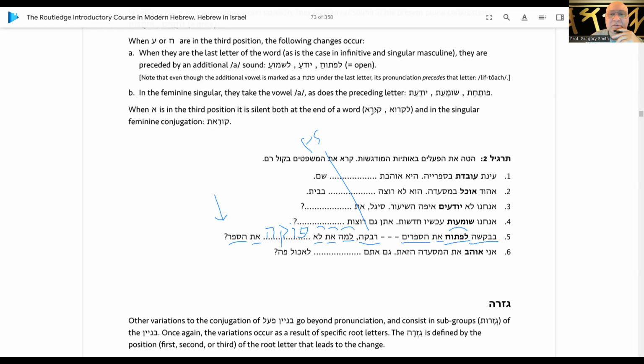So let's see what number 5 has. I might be surprised. It might have something different. We'll see. Okay, so bevakasha liftoach. Okay, so please open et haseferim. Please open the book. Rivka lama it lo. Oh, look at this. Potachet. It looks like potachat.